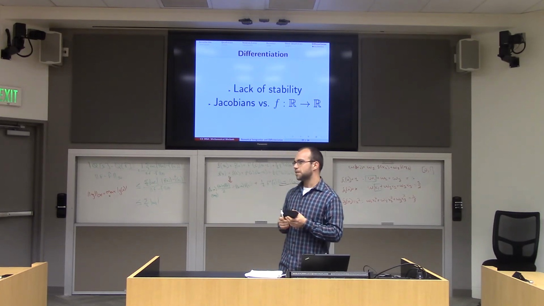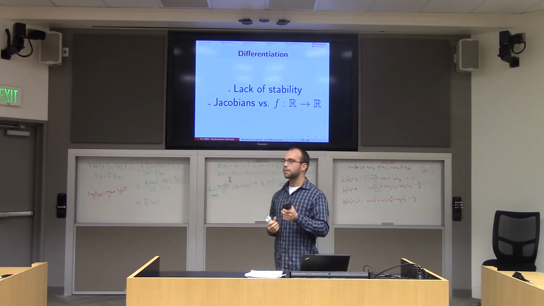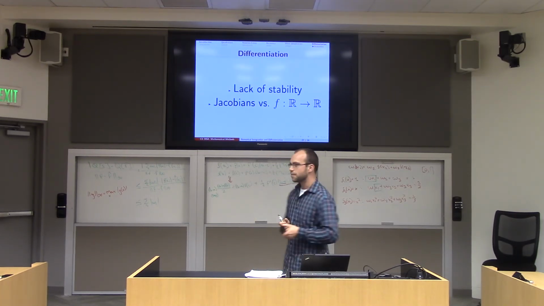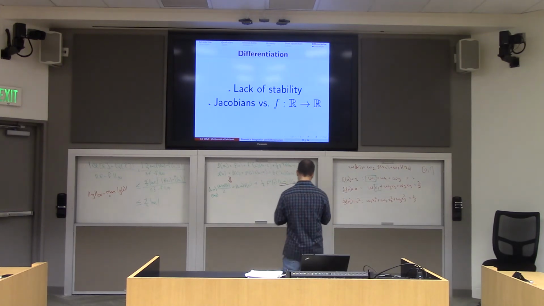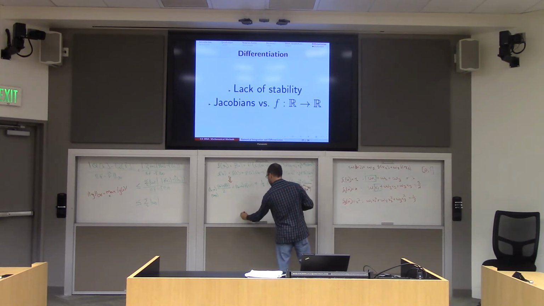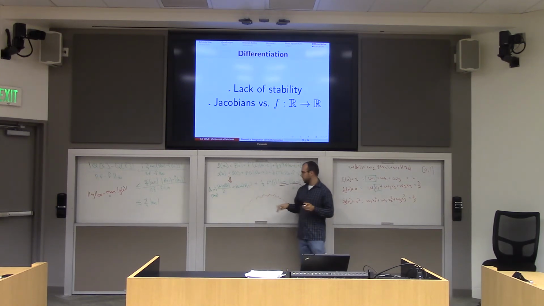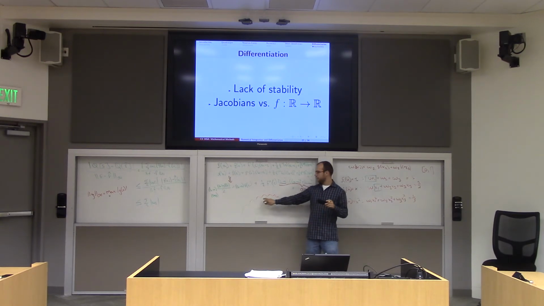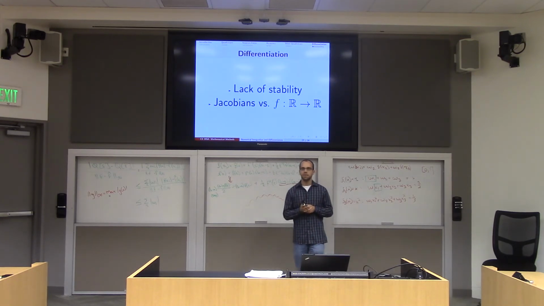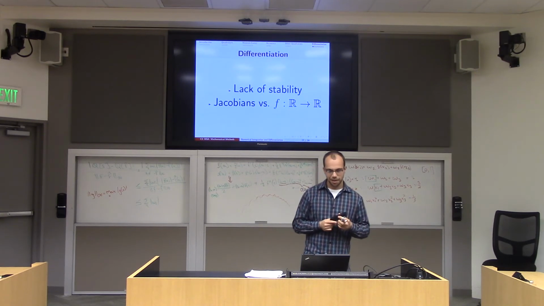When I differentiate a function, I only care about some itty-bitty neighborhood right around my feet. So this is a very unstable thing. Your textbook, for example, shows two functions, something like this and something like this. Obviously, these two have the same integral, more or less, but not the same first derivative whatsoever. And so this can be a very unstable problem. It's very sensitive to sampling and all the things that we don't like to deal with.